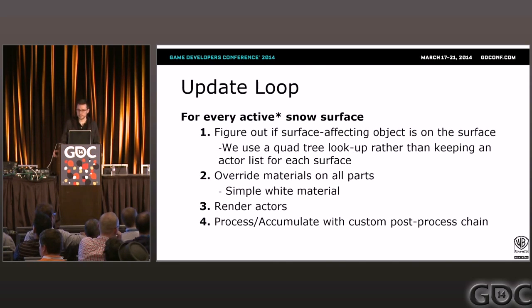So if we take a look at the CPU side update loop, for every active snow surface, we figure out if the surface affecting object, again, the character or other physicalized object, is on the surface. To do this, we have a quad tree lookup, again, because we're a city, rather than keeping an actor list for each surface. It works fast that way.